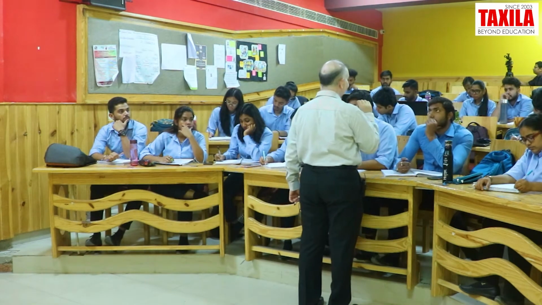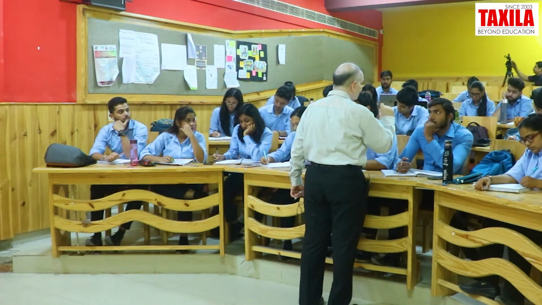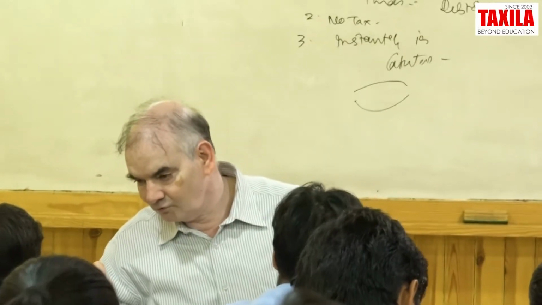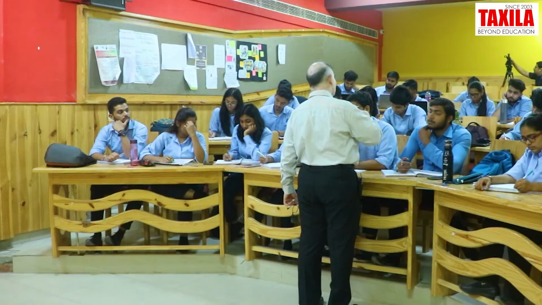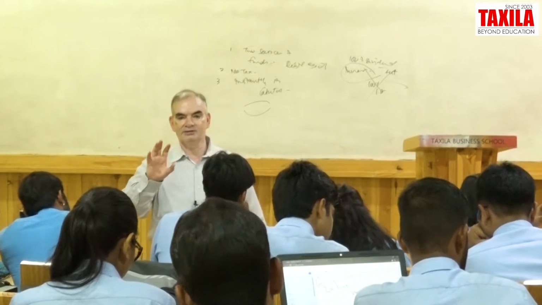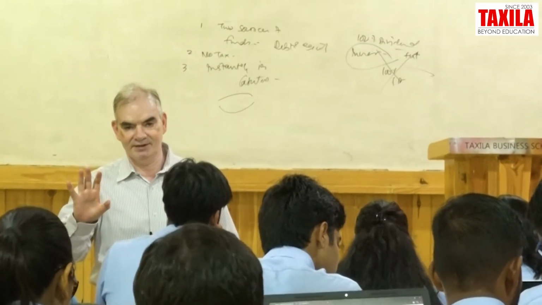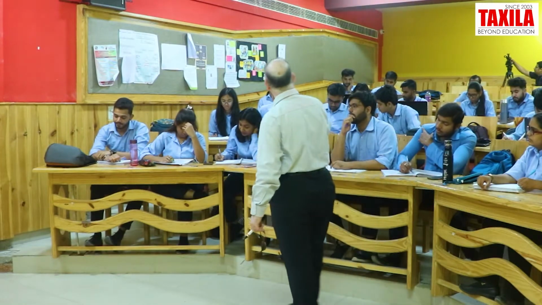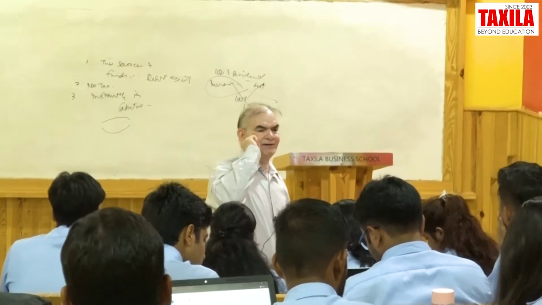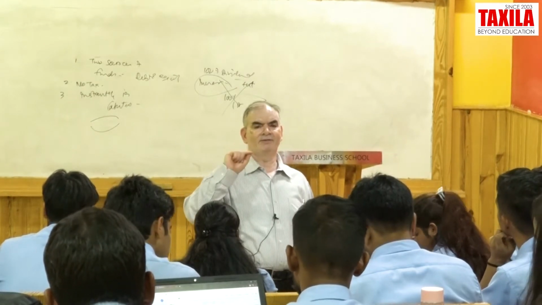So we presume business risk is constant, irrespective of the combination of your capital structure. All right. So these are the few assumptions while dealing with theories on capital structure. Clear?